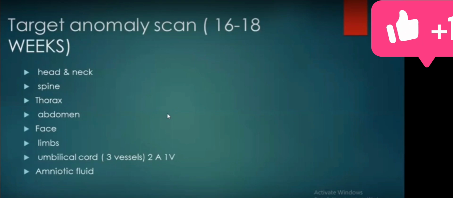In the thorax, whether the heart has four chambers. Even the umbilical cord is checked, whether it contains three vessels, two arteries and one vein, and whether there is adequate amniotic fluid around the baby. All these things are evaluated in detail.